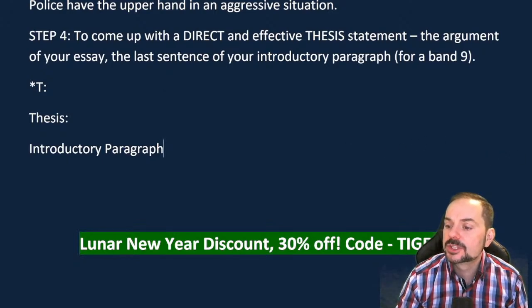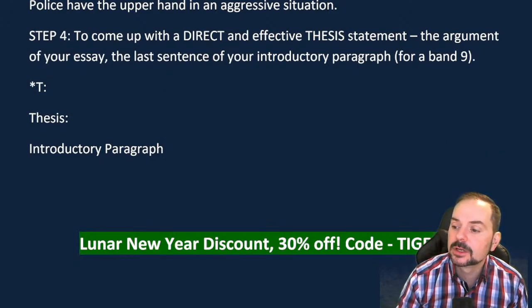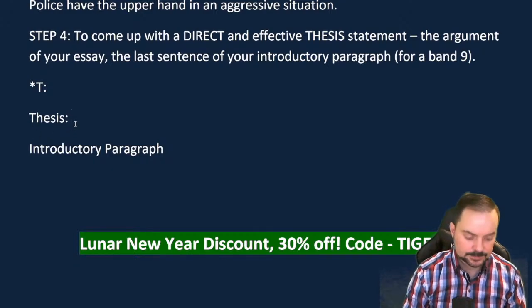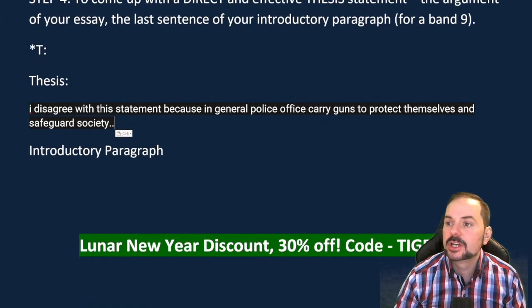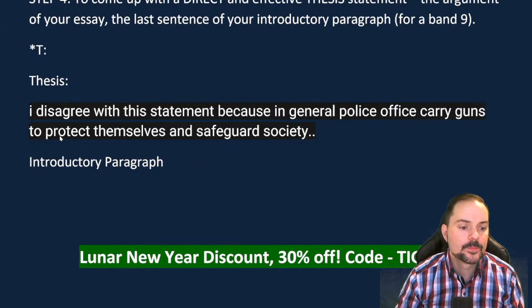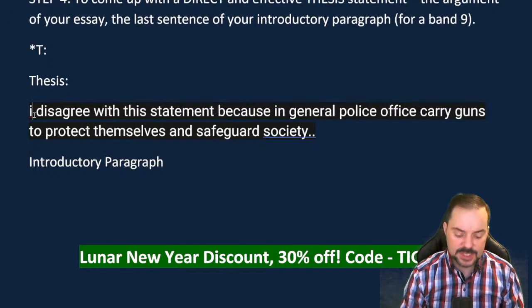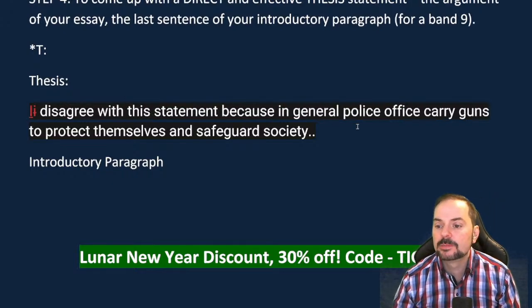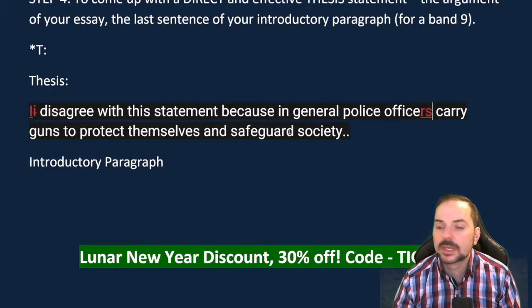Okay, so this is Pravasha's thesis statement. Let's take a look. Okay, so Pravasha in the chat is writing, let me just review it. Here we go. So always capitalize your I's. I disagree with this statement because in general, police officers carry guns to protect themselves and safeguard society.